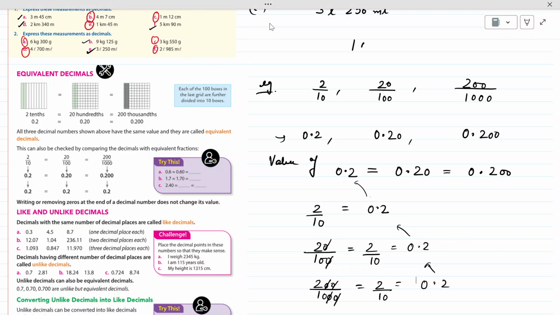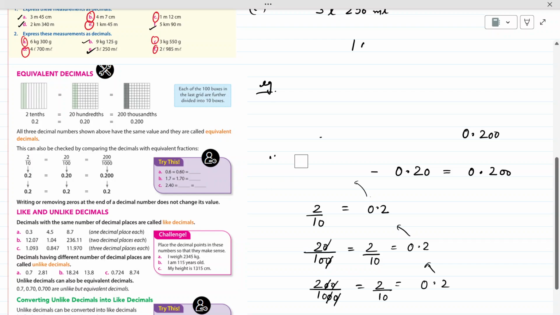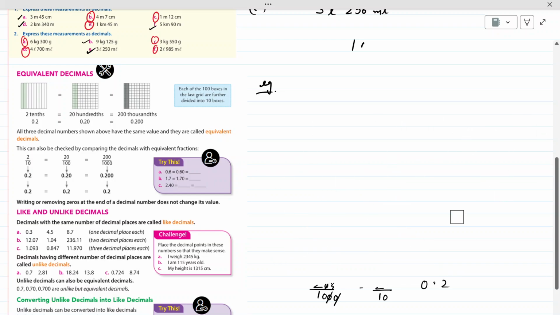Okay, so I am taking another example here. Let me erase this. See, I have a number 0.5. If I write it in fractions, this will be 5 by 10. Now this 0.5, after the decimal, this is the last number.